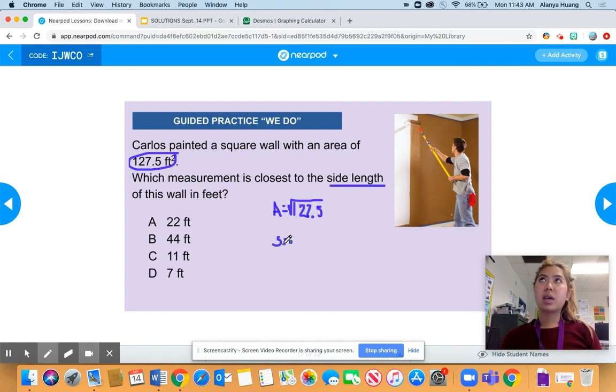So we have to think of the closest perfect squares. So 10 squared is 100. 11 squared is 121. 12 squared is 144.